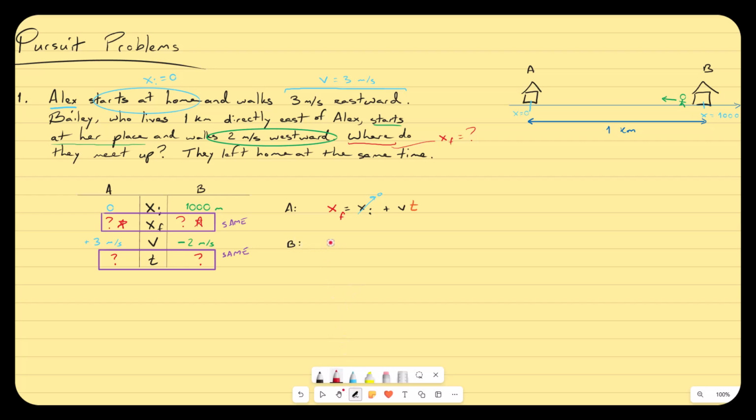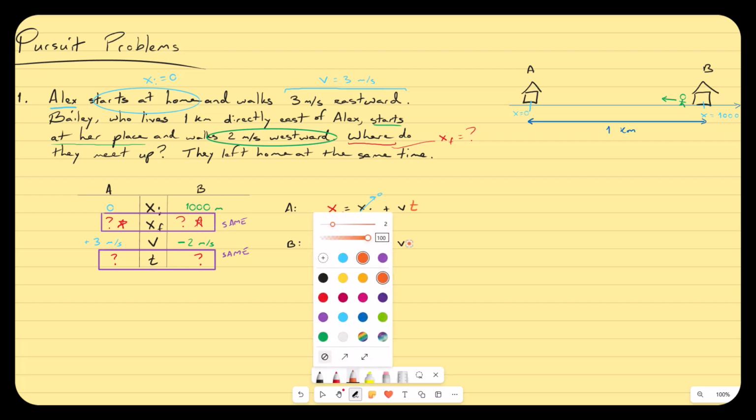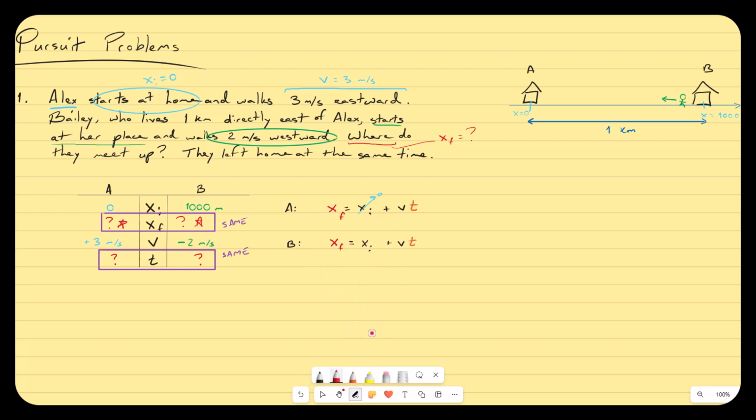Bailey's position is going to work the same way. X final equals x initial for Bailey, which is not 0, plus vt. I have two equations with two unknowns, and I can solve this a number of different ways.